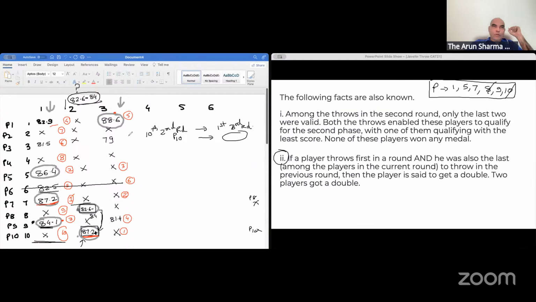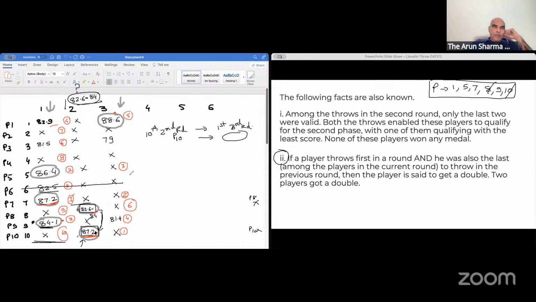The seventh thrower is going to be P3 with 81.5. No, sorry. The sixth and seventh will need to change. The sixth thrower will be P8 because his throw is more than 82.6.